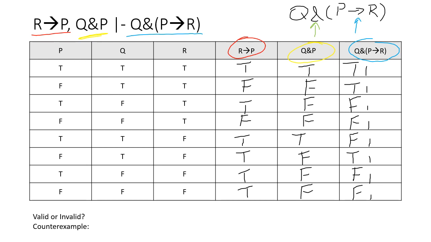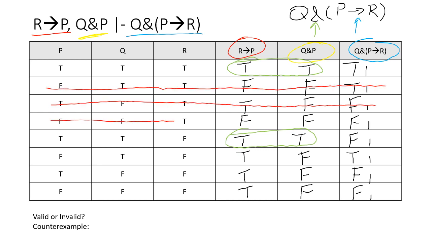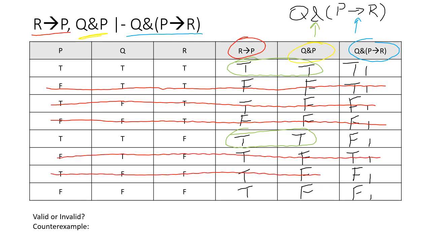So again, next step is to look for instances in which all the premises are true. Which one's there? One is there. And it looks like all the other ones have at least one false premise, so we can ignore this row, this row, this row, this row, this row.